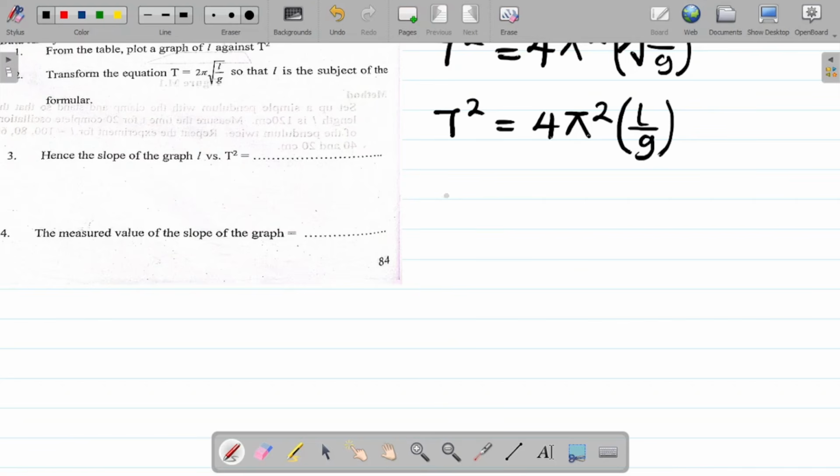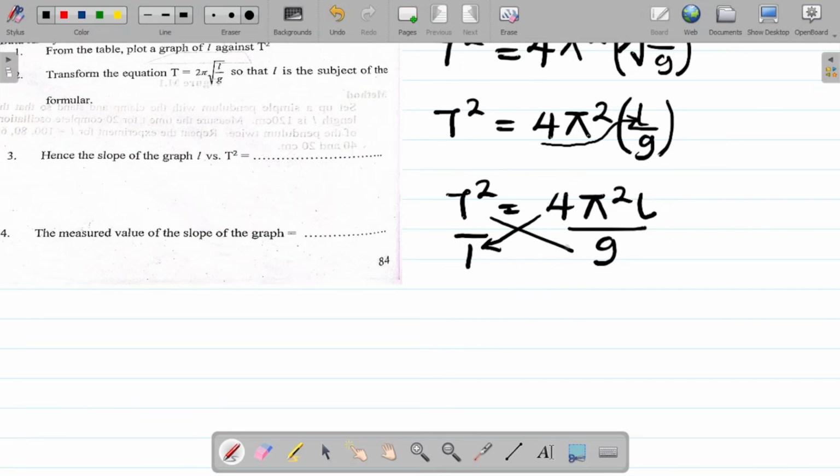From here, I'm having that t squared is equal to 4 pi squared L all over G. So this one here goes to numerator, and this becomes all over 1. I'll cross multiply this times this, this times this.